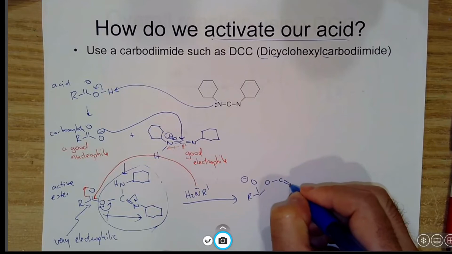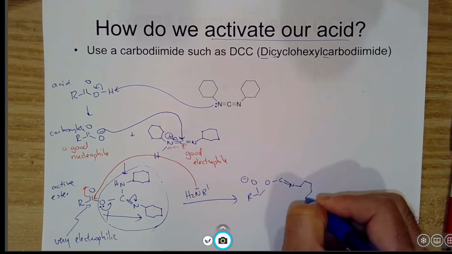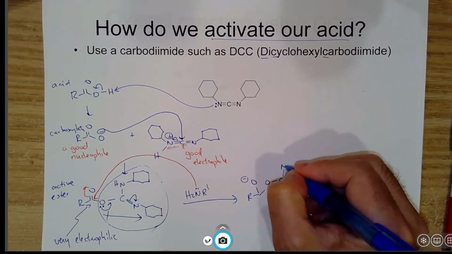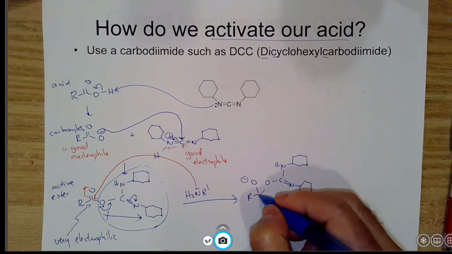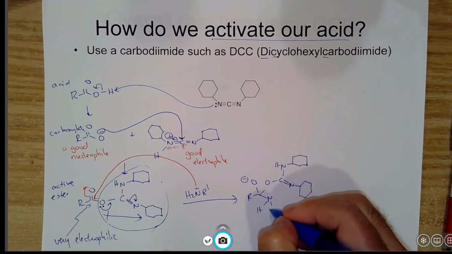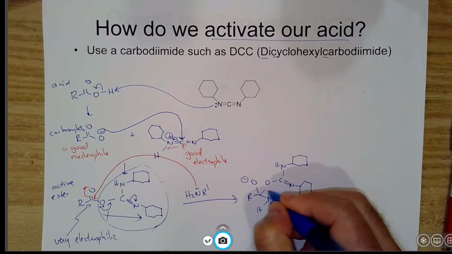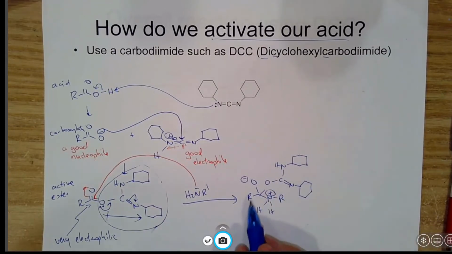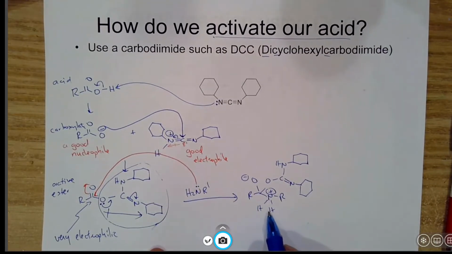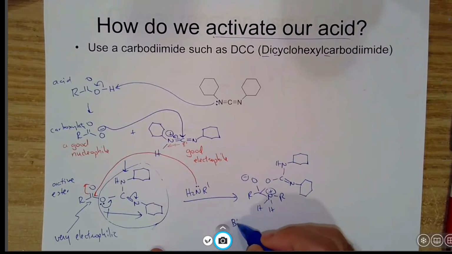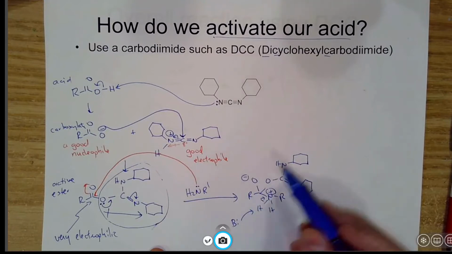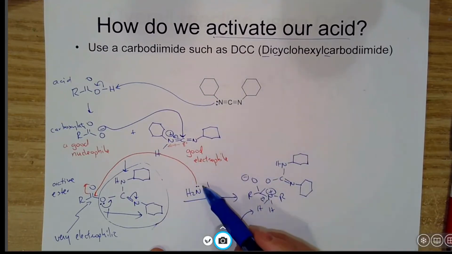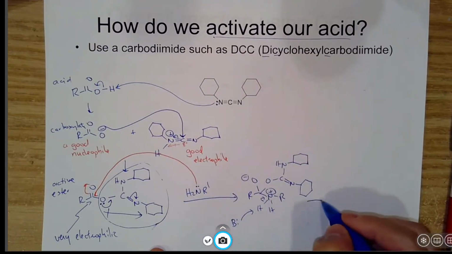You have a tetrahedral intermediate, and you still have that DCC portion attached. You can see now you have a negative oxygen and a positive nitrogen because it now has four bonds. So now you're going to take a very weak base. That weak base really could be another one of these DCC molecules or even this amine here. That will come and remove that proton.